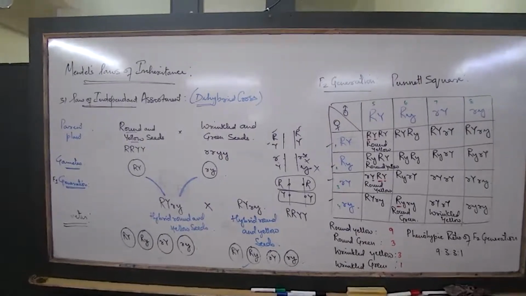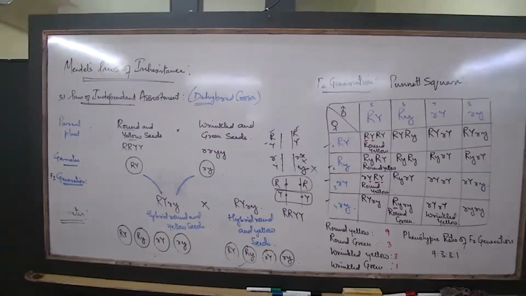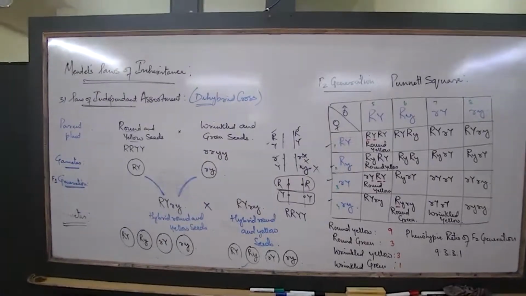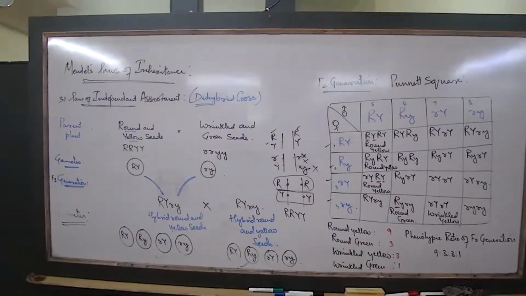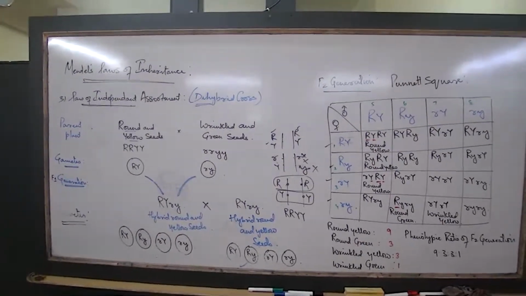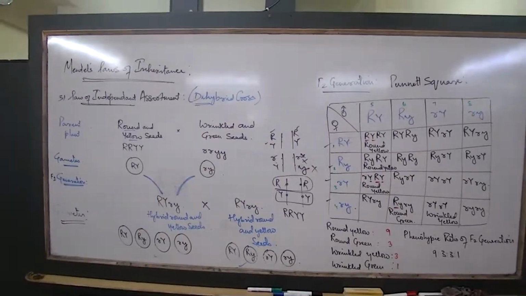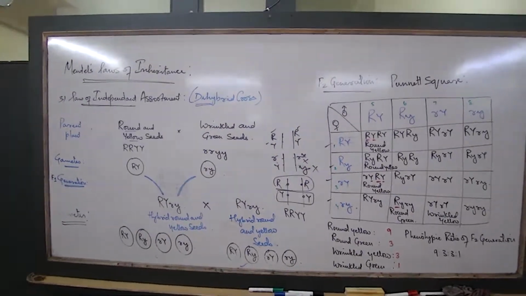Any doubt? Confusion है? Did you all get the 4 types of gametes of F1 plant? Are you able to write the 4 types of gametes on the Punnett square?